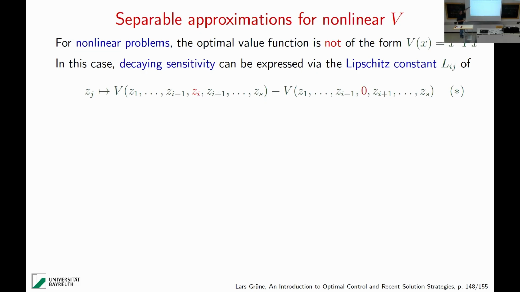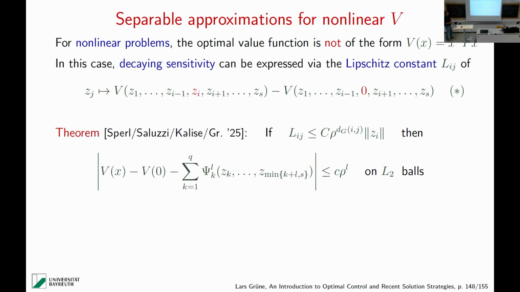You can also express this via the Hessian, if the function is twice continuously differentiable. If it's not, then you can put it directly in this form. And then the theorem says that if the Lipschitz constant satisfies this inequality, which is precisely the generalization of what the linear quadratic case does, then we get the same inequality.